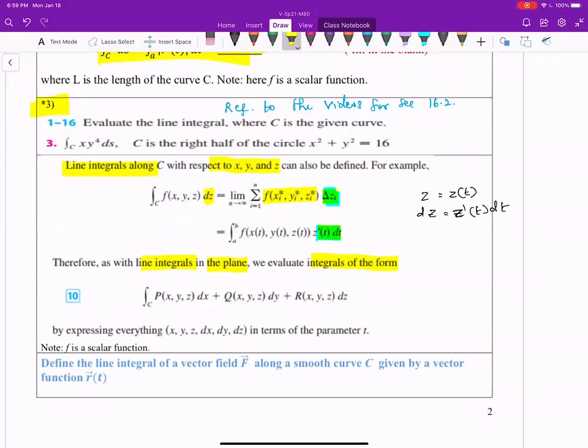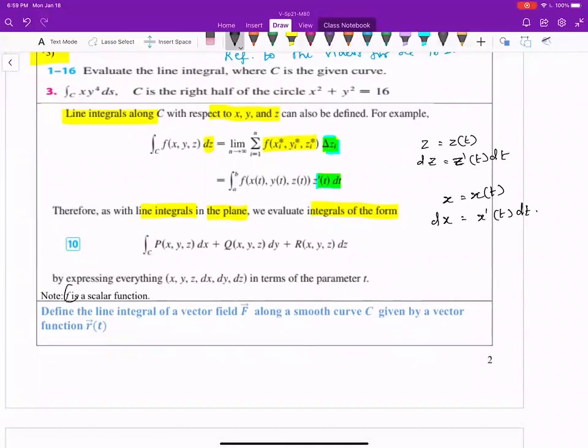Just as when x is treated as a function of t in parametric form, dx is replaced by x prime t dt. Same thing with y.